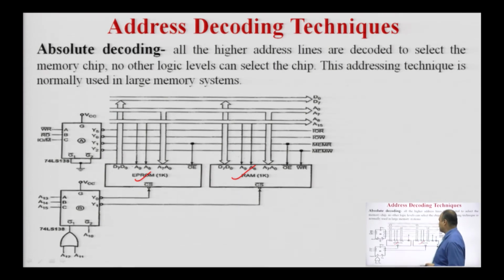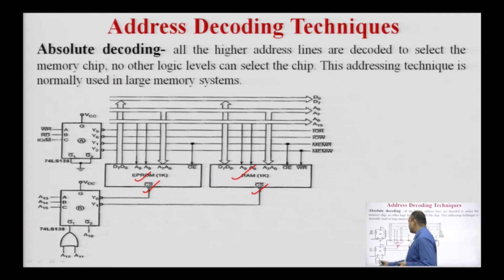The capacity of this EPROM is 1 kilobyte and the RAM is again 1 kilobyte. So, for this 1 kilobyte we require the address lines A0 to A9. The remaining address lines, A10 to A15, are used as input to the 3:8 decoder to generate the chip select signal for the EPROM and RAM memory.